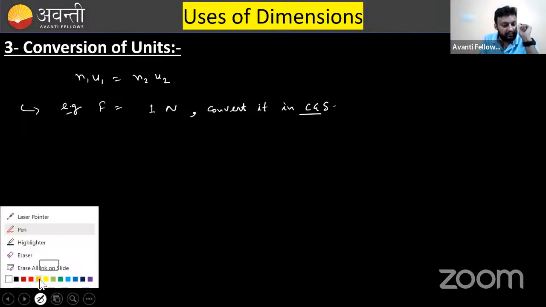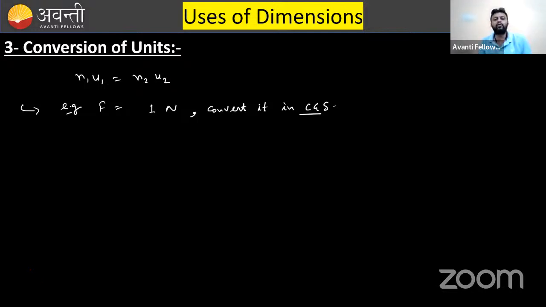Whenever you want to convert from one system to another, there might be different questions. Some question might tell you that in some random system, the unit of mass is 4 kg. It's not 1 kg, it's 4 kg. In those questions, you need to do the same thing that I am doing here.